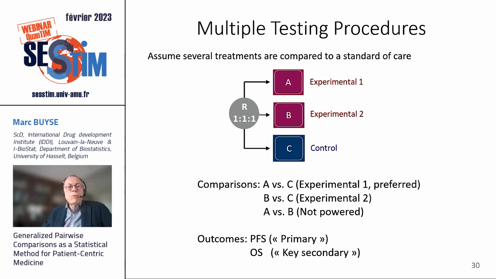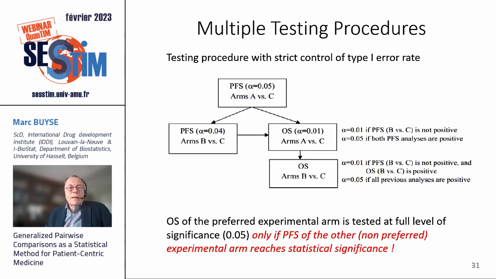So here is the testing procedure that they proposed. PFS would be tested first at the level of 5% for A versus C. Remember, that was the primary comparison of interest. Is A better than C? If that test succeeded, then they would test the PFS of B versus C at the 4% significance level, and they would test OS of A versus C at the 1% level, right?